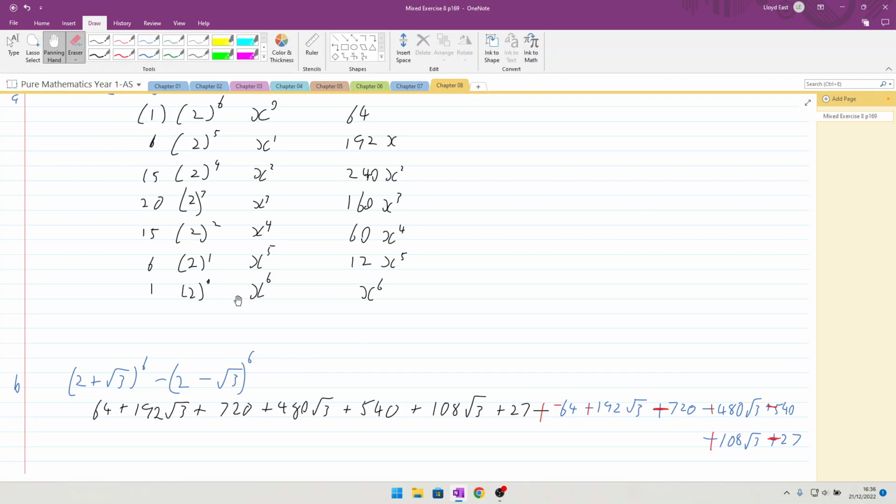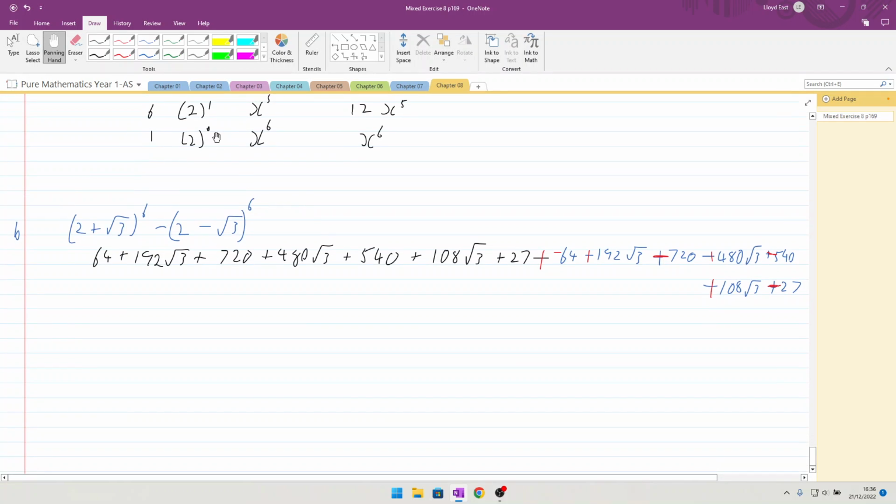And now we can do a bit of cancelling, because the 64 and the minus 64 disappear. The plus 720 and the minus 720 disappear. The plus 540, minus 540, and then the plus 27 and the minus 27 all go.